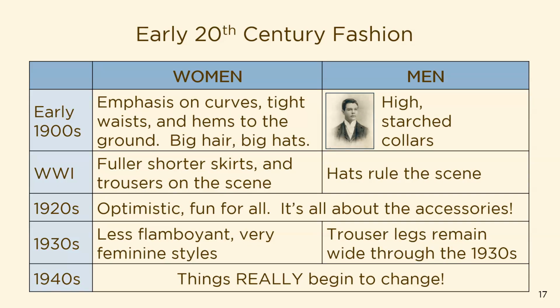1940s, things began to change. You saw the 1940s styles with the pads in the shoulders. And they're not small pads, they're fairly decent sized. They came back in the late 80s.